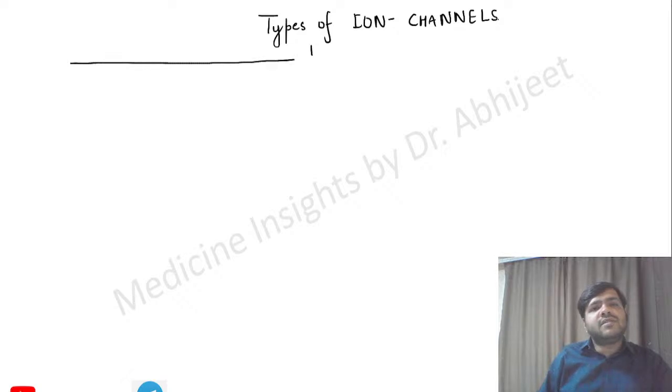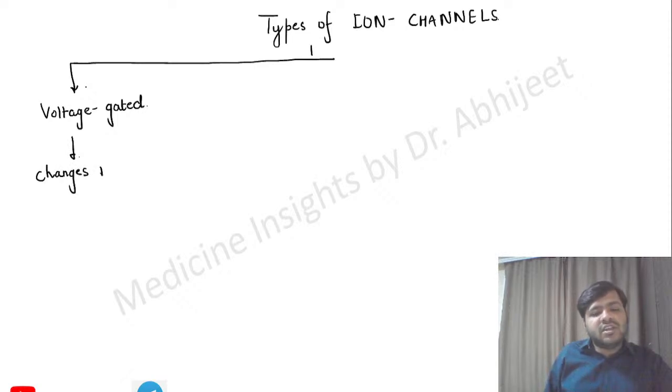Now the very first type that you have to focus over here is voltage gated. Now voltage gated, you have to remember, it actually opens when there is a change in the membrane potential.